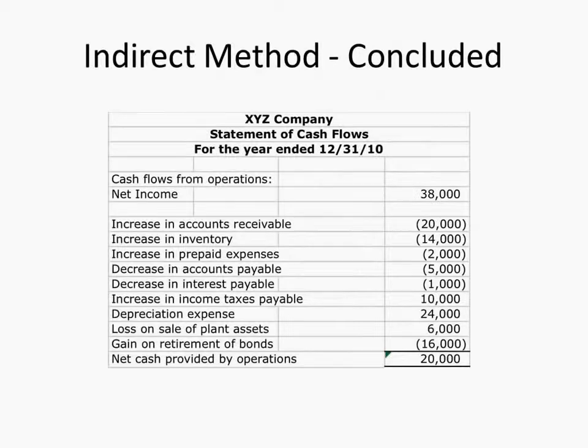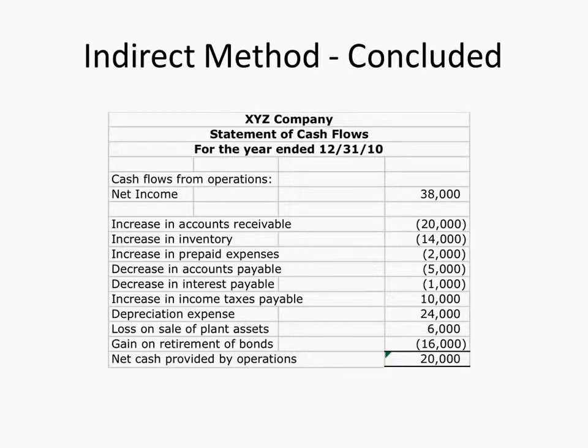So here, the increase in accounts receivable is a decrease in cash. Let me actually back up here. Net income was $38,000 on that income statement. That was given. So you always start with net income, at the bottom of the income statement. Before I go through line by line, here we have a net income number that's on what basis of accounting?